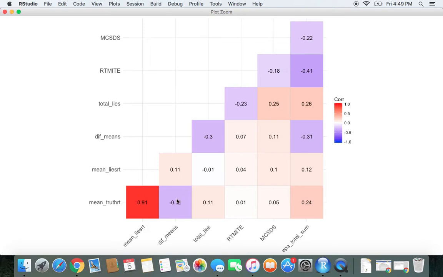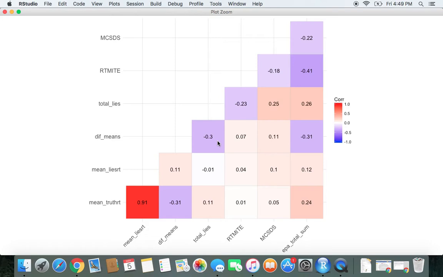Another one we can look at is the relationship between the difference between the means and the mean truth reaction time, and this is at a negative 0.31. And this makes sense because the difference between the means is again found by subtracting the truth reaction time from the lie reaction time. So as the truth reaction time increases, the differences between the means is going to decrease.